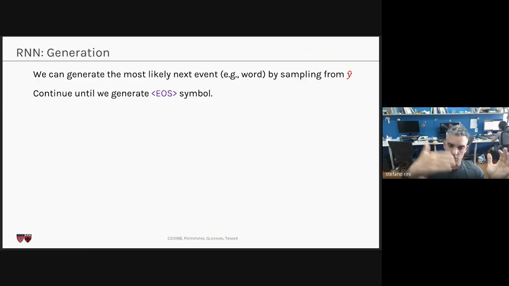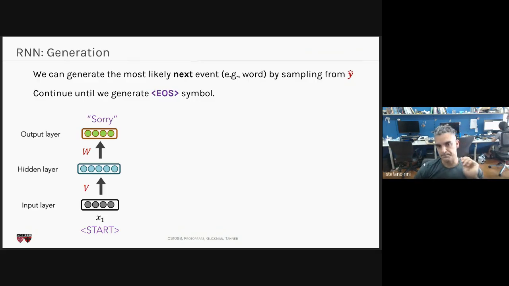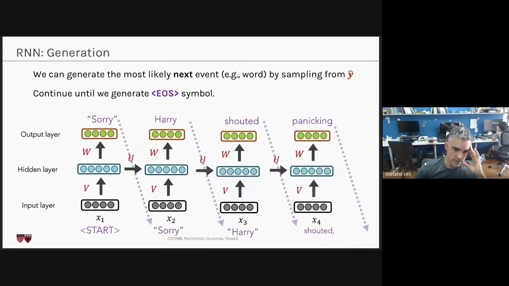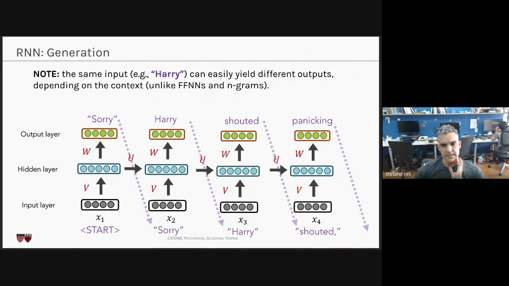We also need a special symbol for starting, so that we know that a new sentence has started. So you start from a start symbol, and then you predict the language, and you generate the sentence according to the RNN output. Very nice, very natural.